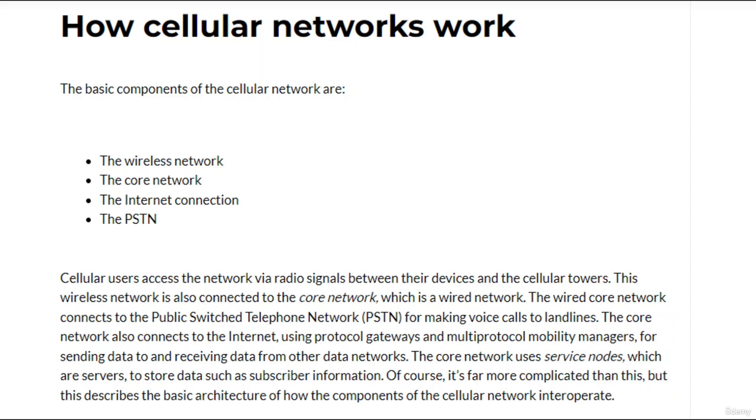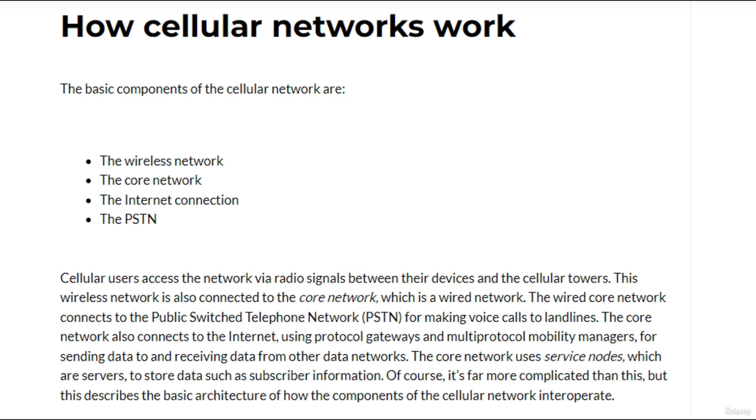How cellular networks work. The basic components of cellular networks are the wireless network, the core network, the internet connection, and the PSTN. Cellular users access the network via radio signals between their devices and the cellular towers.